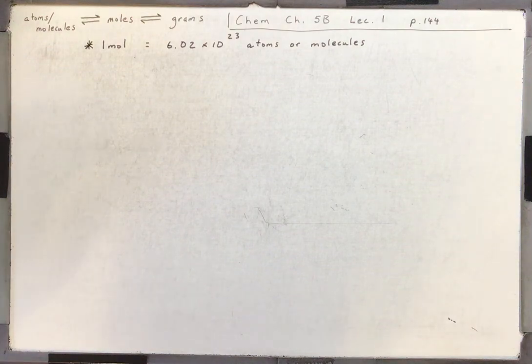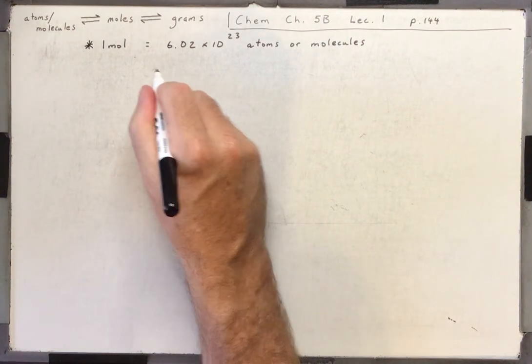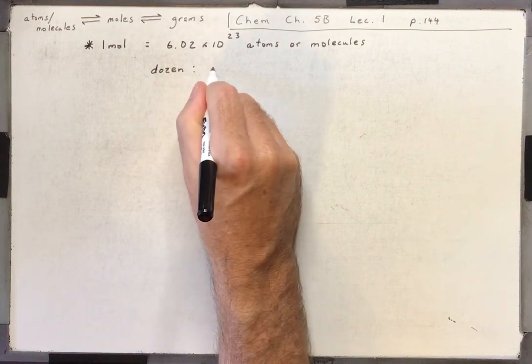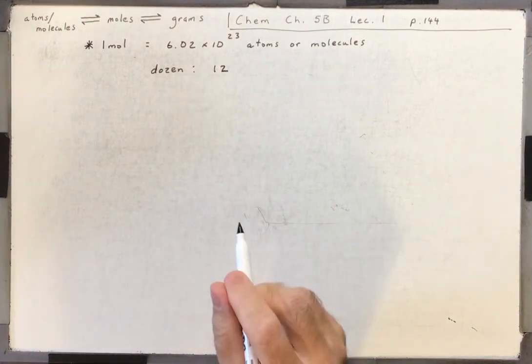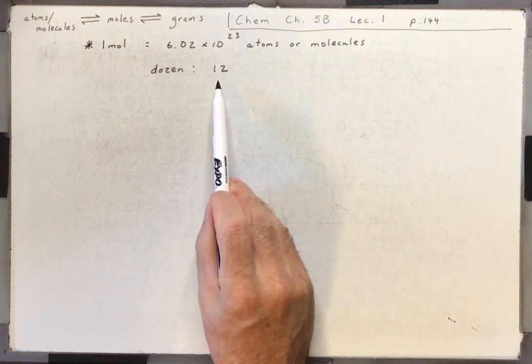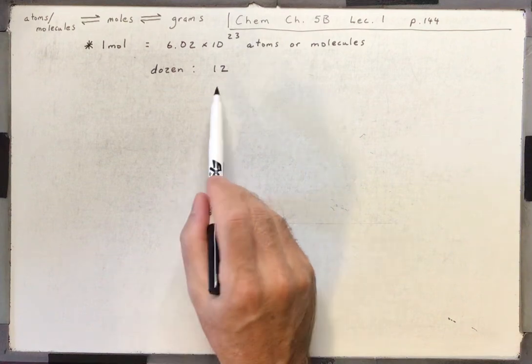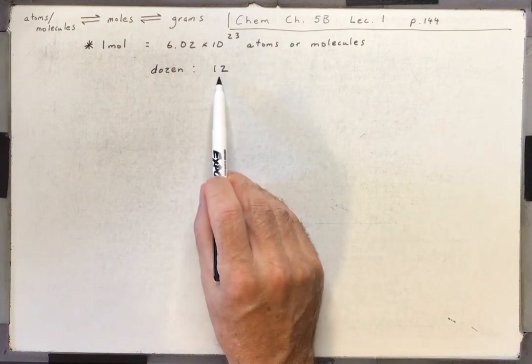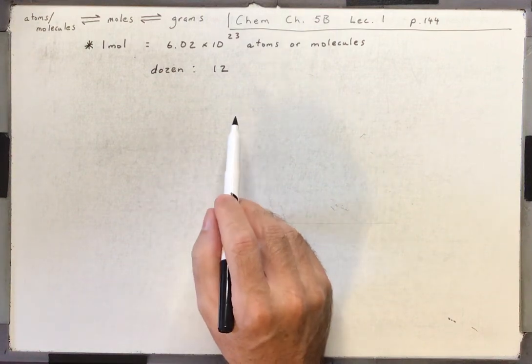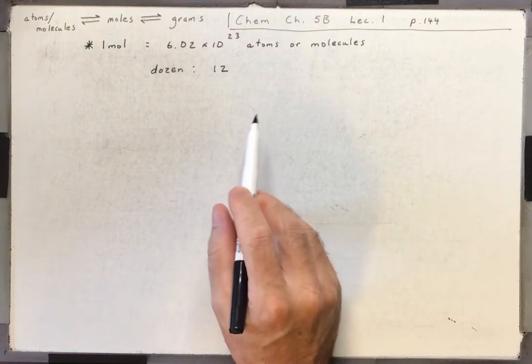For example, how much is a dozen? A dozen is 12. A lot of times we count in dozens. Say, go buy me 4 dozen eggs. You know that's 48, but it's a little easier than saying go buy me 48 eggs.